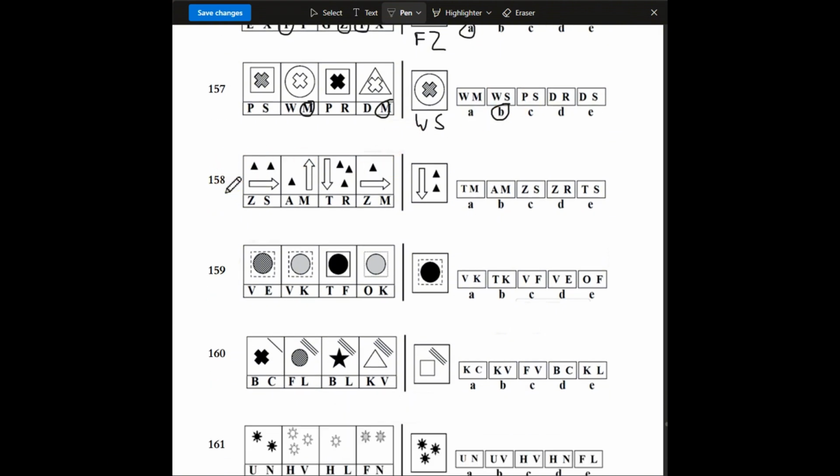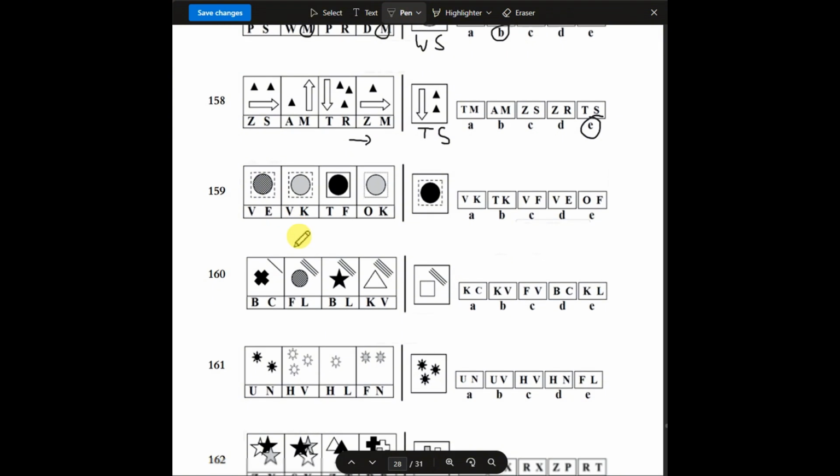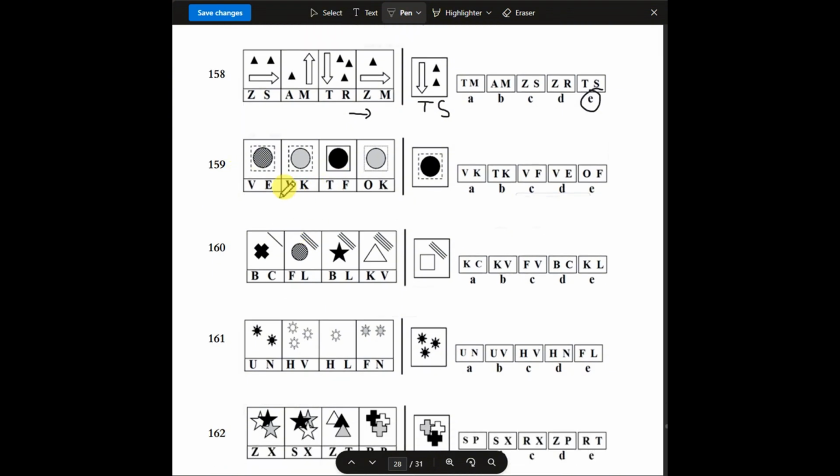Question 158. Z means right. So down would mean T. And 2 triangles seems to be S. So TS, which is option E. Question 159.